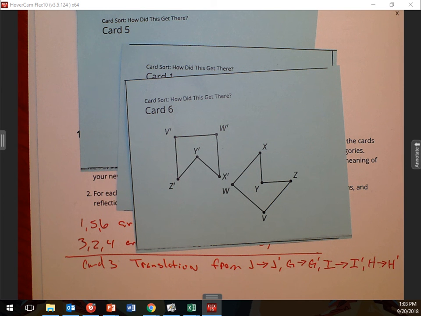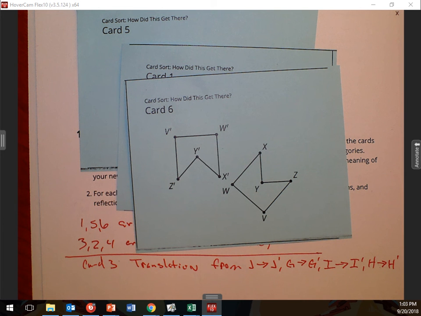That's gray area right there. What is card 6?